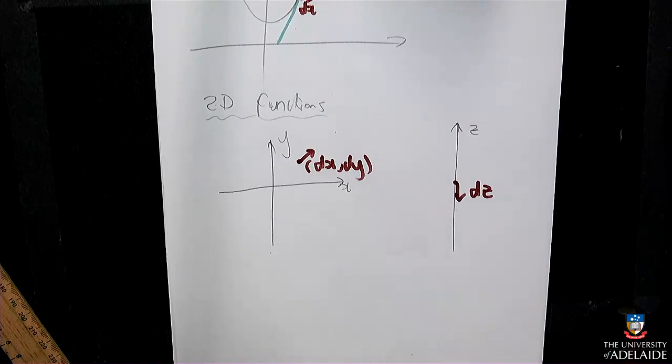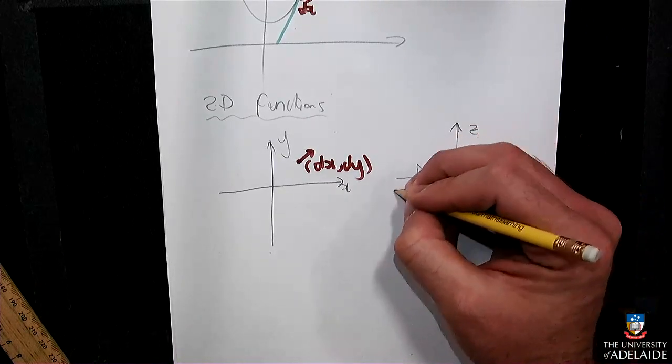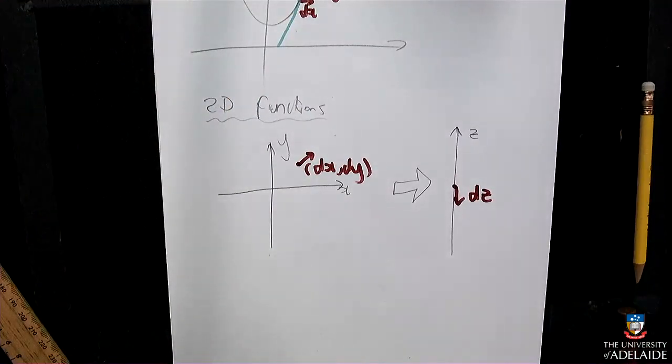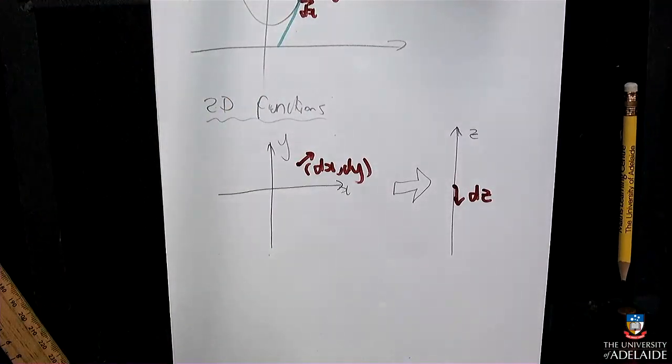All right. So the problem in 2D is that there is no forward. I'm standing here. In fact, I might just put the camera back on.